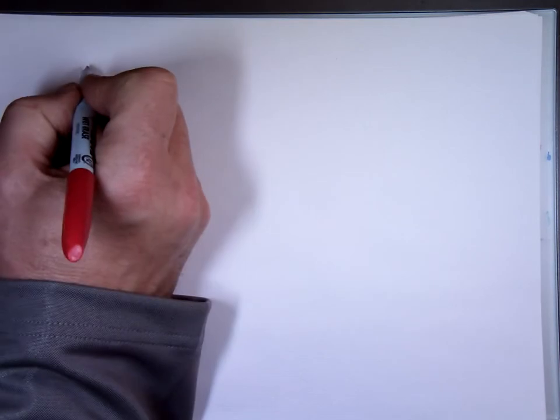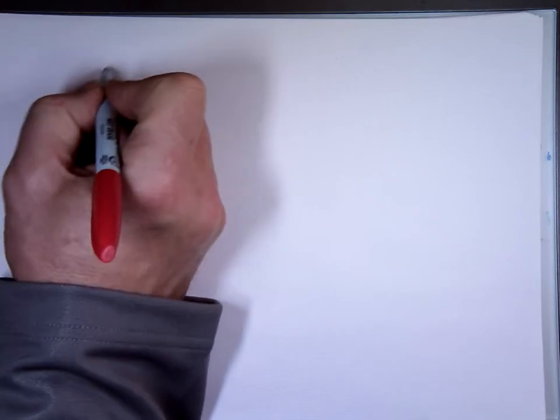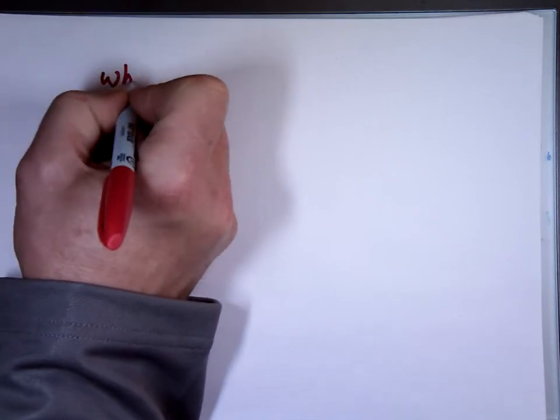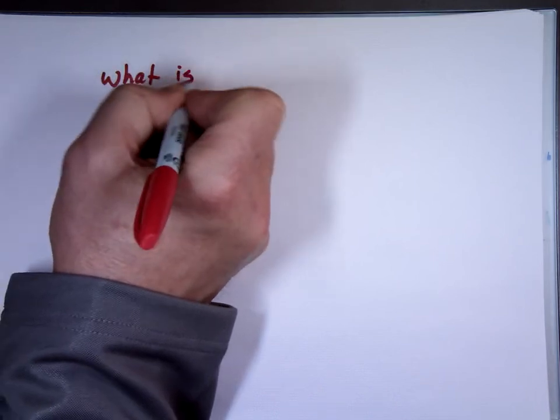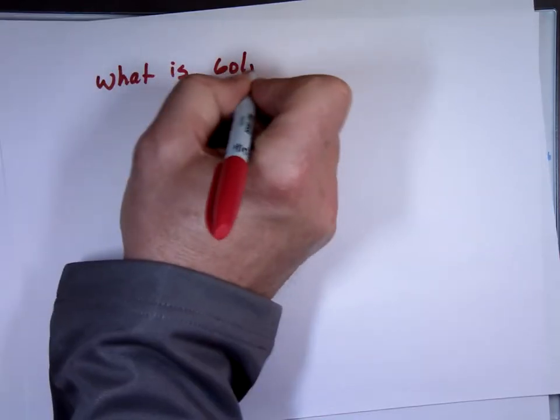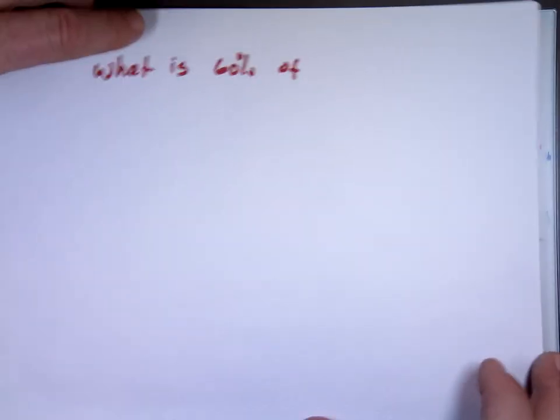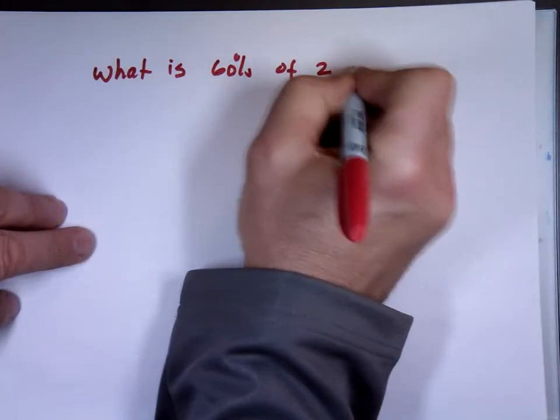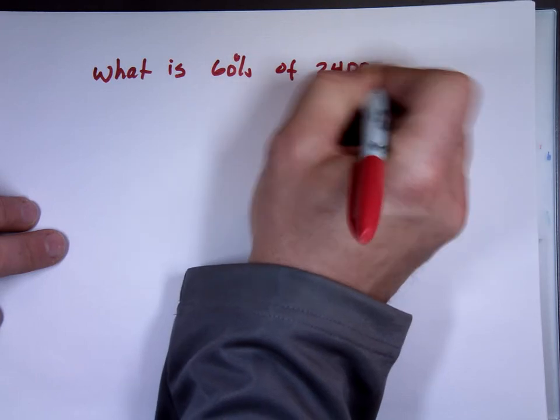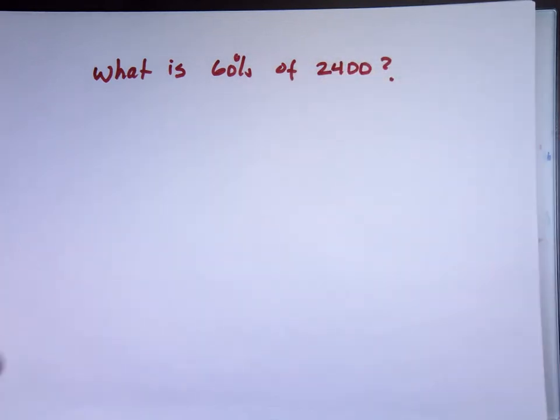What is, let's say, financial aid here? Financial aid will give you 60% of the money that you need to go to college. What is 60% of, let's say the tuition for you this semester at STCC is $2,400? This is unknown.